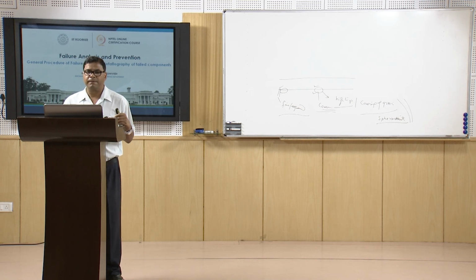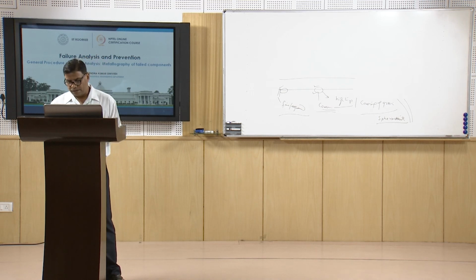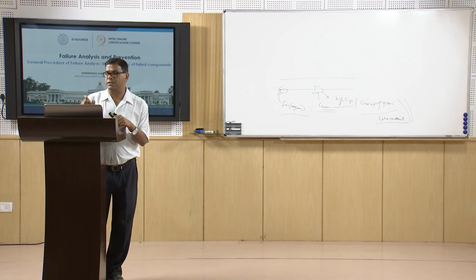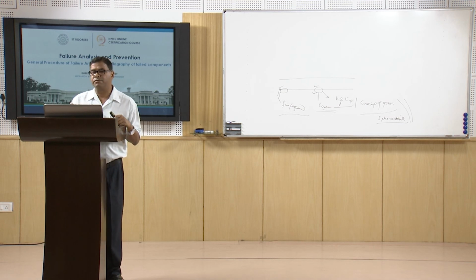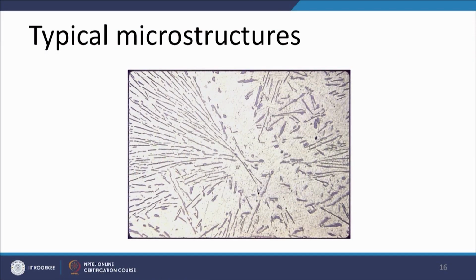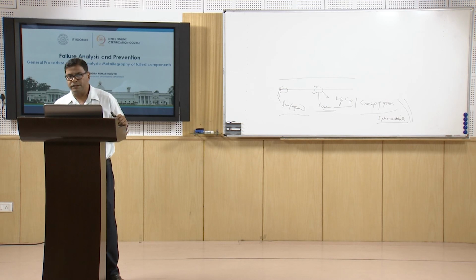So, the eating of the grain boundaries can simply be seen as a gap between the grains which have been created. Now, the microstructure sometimes facilitates crack nucleation and growth easily, especially when the grain structure is needle shaped, as the tips of the needles provide an easy site for crack nucleation and growth. So, needle structures are more sensitive for crack nucleation and growth than spheroidal or spherical shape grain structures.